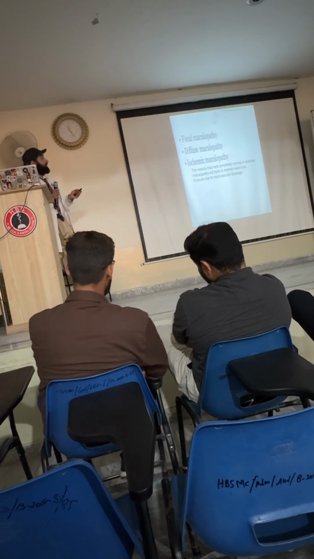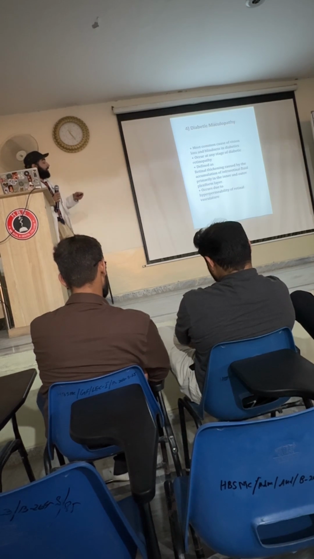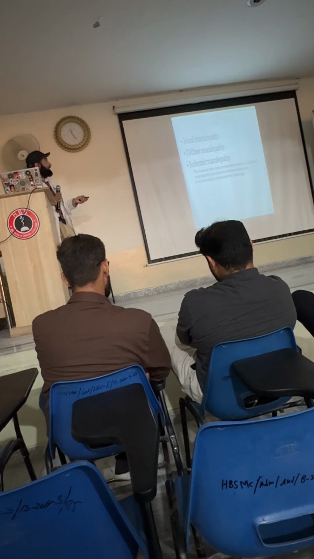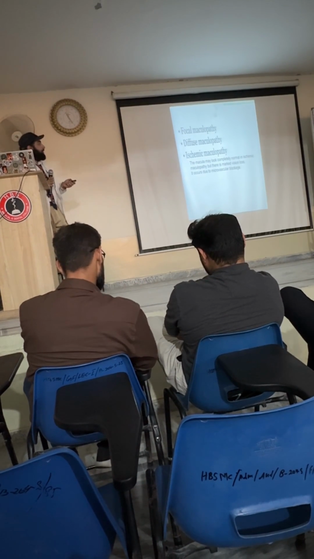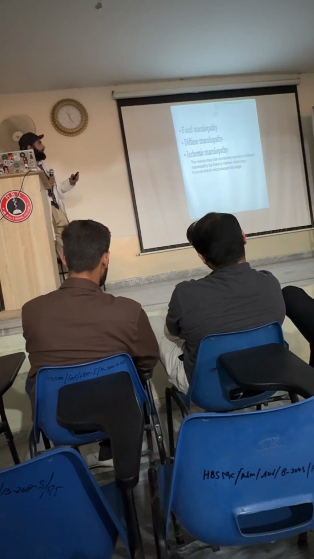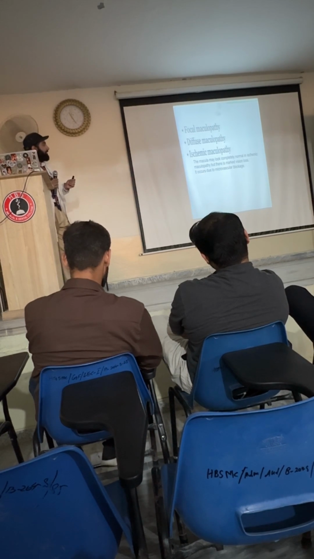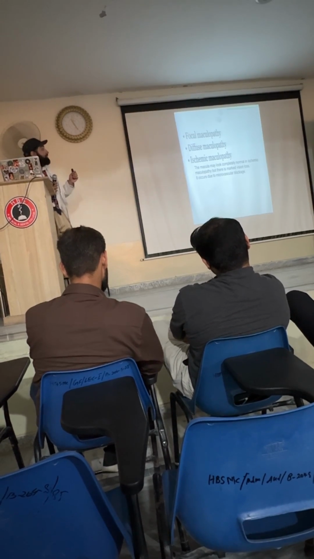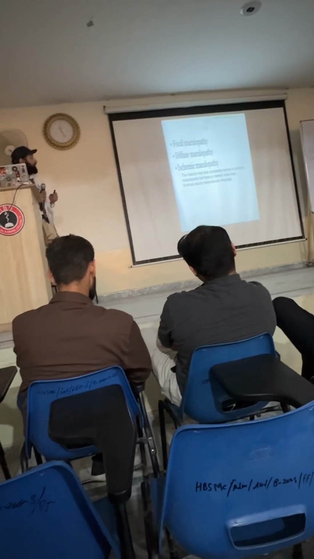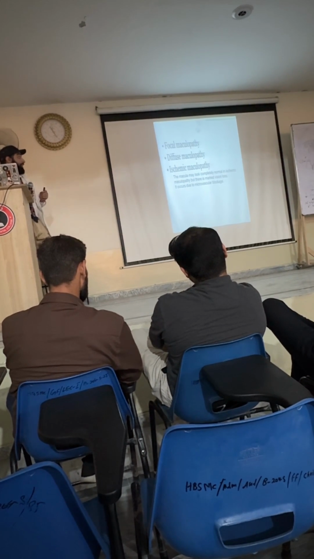And even further, we are categorizing it into 3 more types for further understanding the scenario: focal maculopathy, diffuse maculopathy, and ischemic maculopathy. Focal maculopathy you can know by the point that it is localized, and diffuse has been diffused, but ischemic maculopathy is the one which needs a quick understanding, because the macula may look completely normal in ischemic maculopathy, but there is still marked vision loss complained of by the patient.